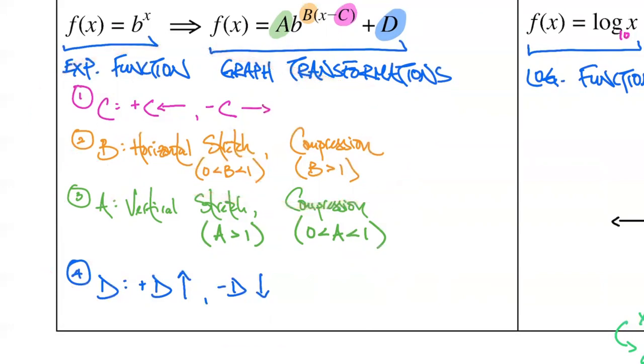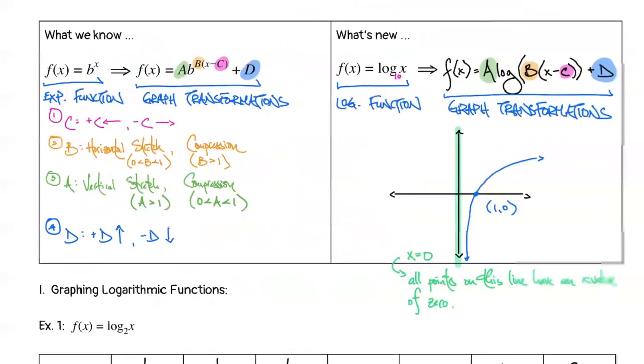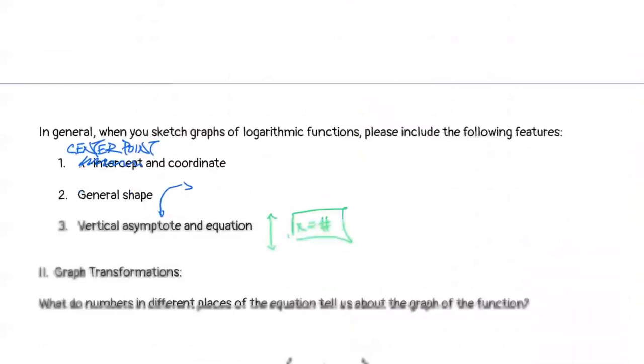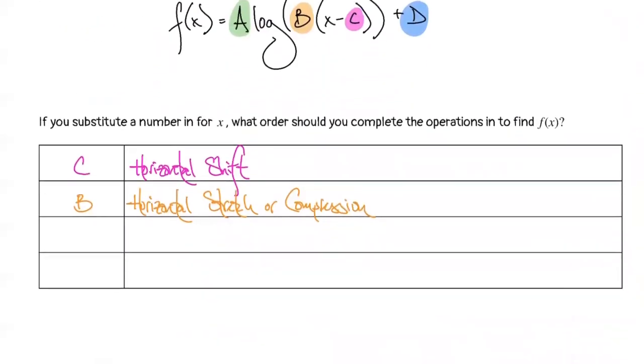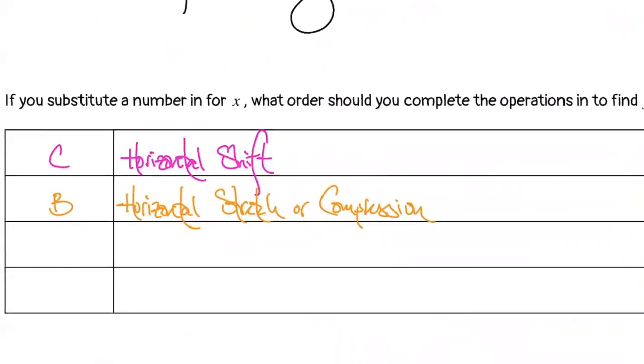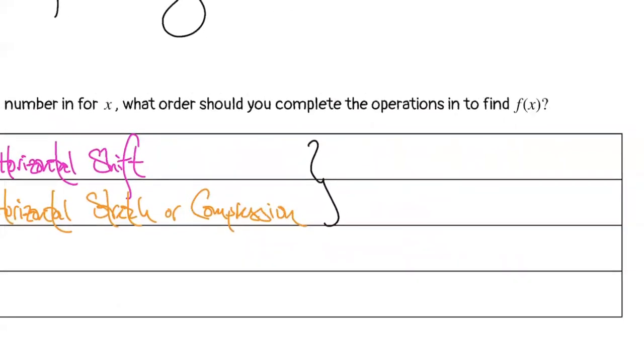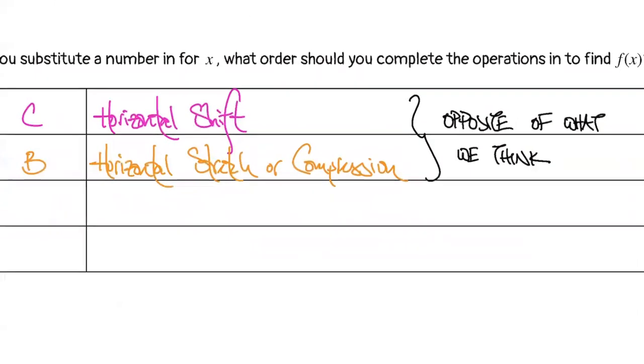And so that's the piece that I'd like to add to the notes that we have down below. All right. So not just thinking, oh, C is a horizontal shift and B is a horizontal stretch or compression, but leaving space for ourselves to think that this is going to be the opposite of what we think.